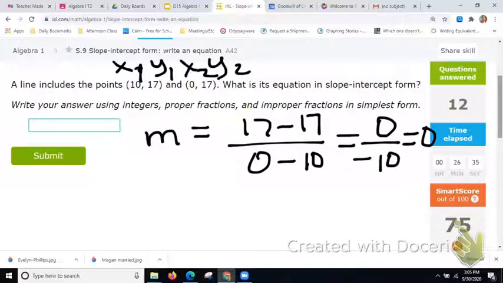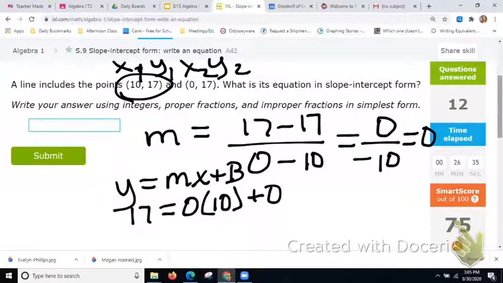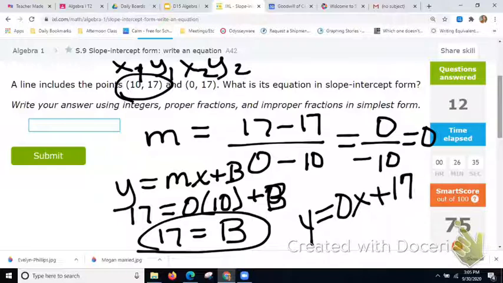So if I try to do y equals mx plus b, I can. The y is 17 equals 0 times 10 plus b. 0 plus b would just be b, because 0 times 10 is 0. So b must be 17. So y equals 0x plus 17.